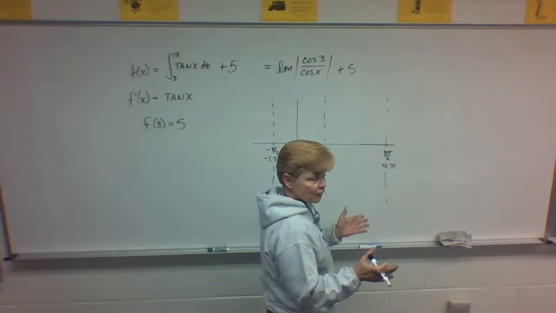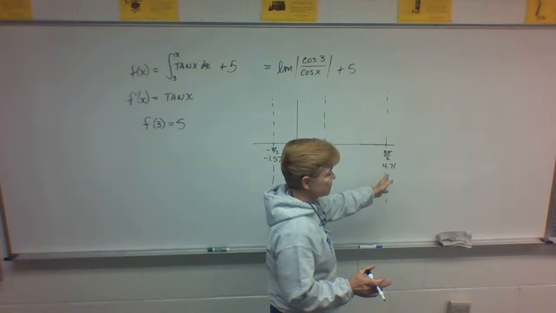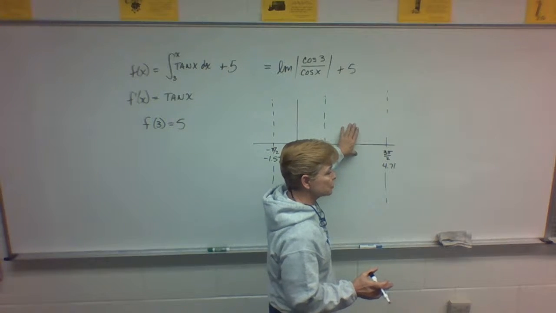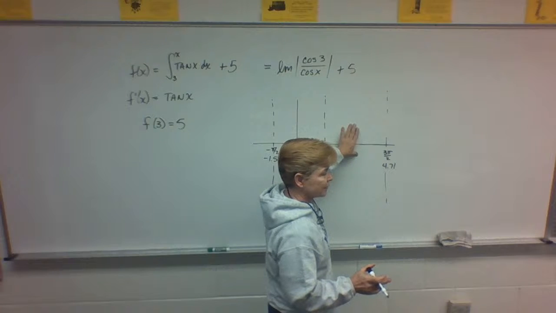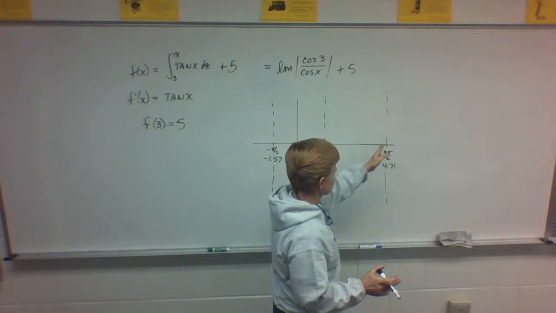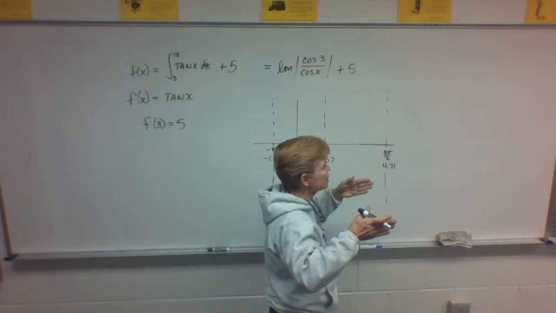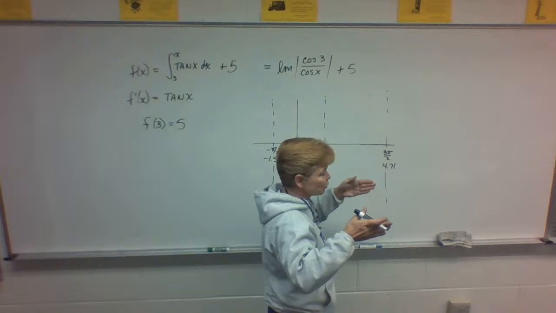So my x value 3 is between here and here, right? Then this is the branch that I want to use to graph. Now, if you set your window to go from pi halves to 3 pi halves, it will still have difficulty because you've set your left and right sides of your window right on the asymptotes, and it will still struggle with them.